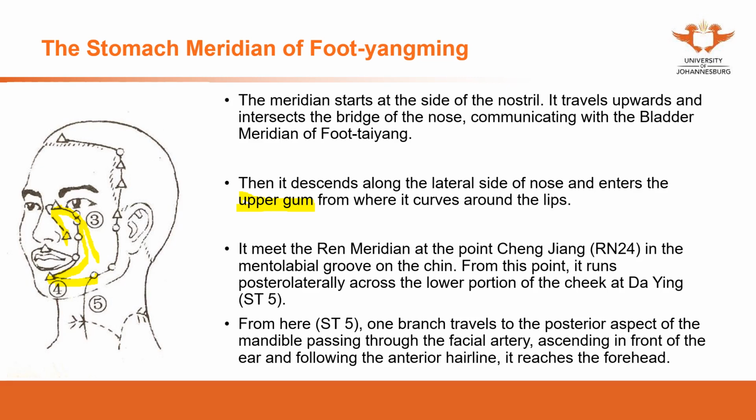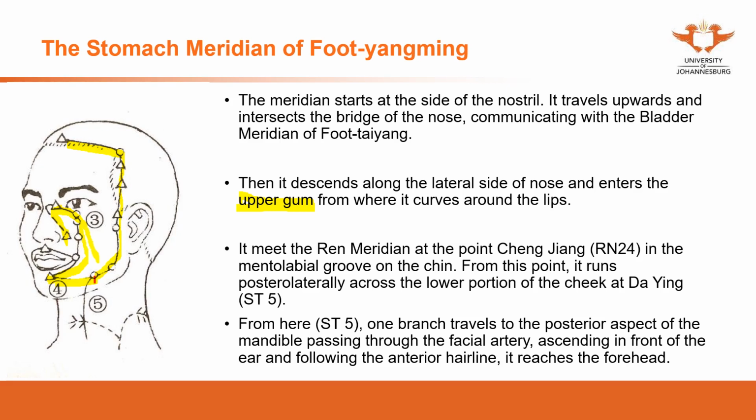One branch travels to the posterior aspects of the mandible, passing through the facial artery, ascending in front of the ear, so ascending here, and following the anterior hairline, reaching the forehead. That's one branch.